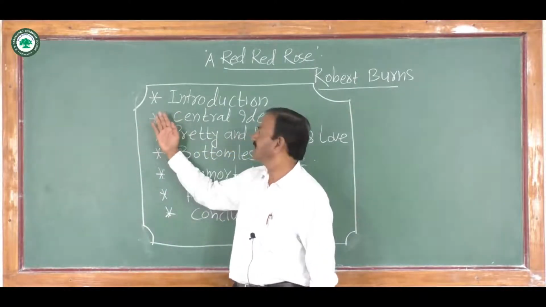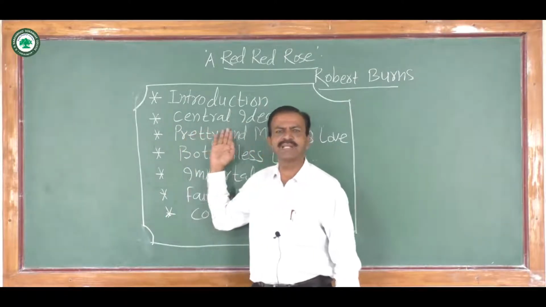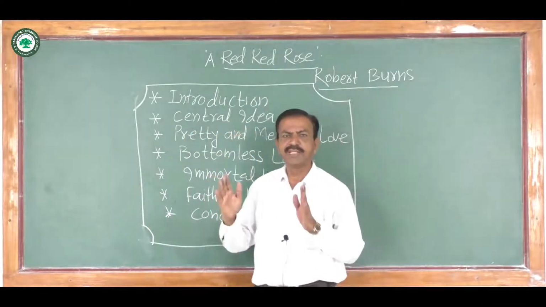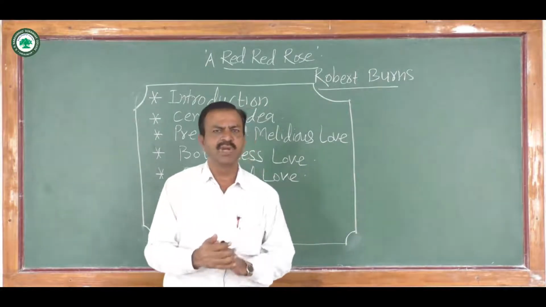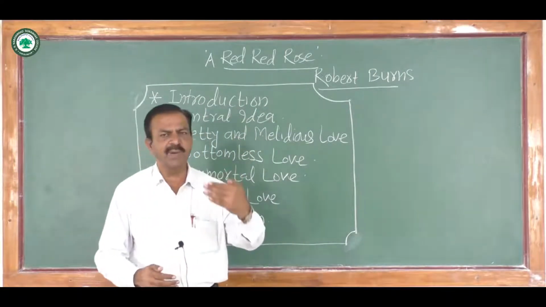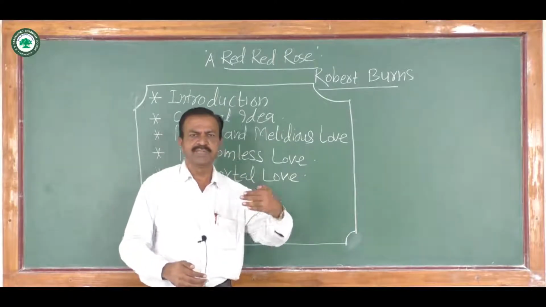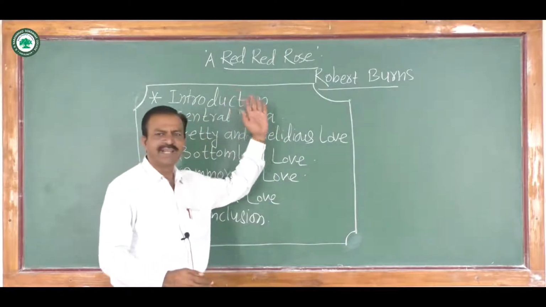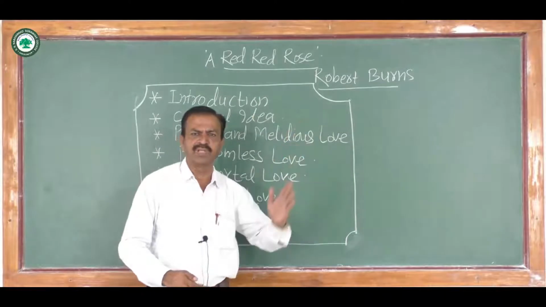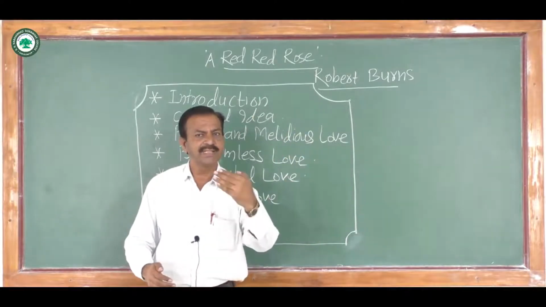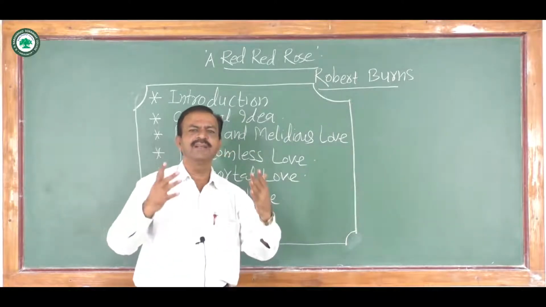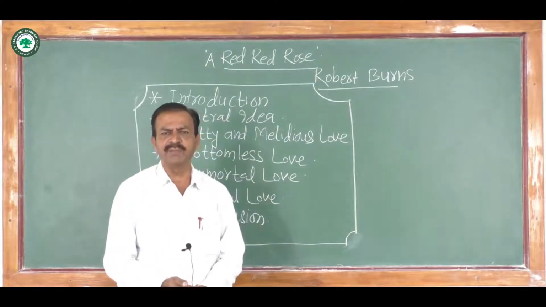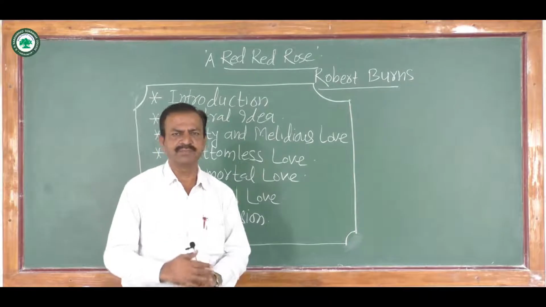Now we are going to study the second point, that is, what is the central idea of this poem, or what is the subject of this poem? The title indicates red, red rose. So, rose is the symbol of love. So, we can say the subject of this poem is love.